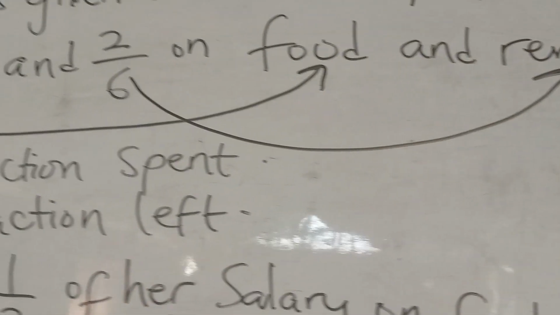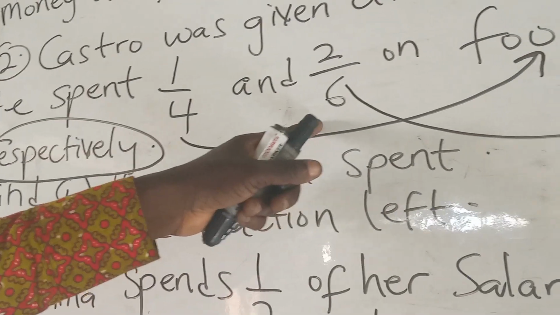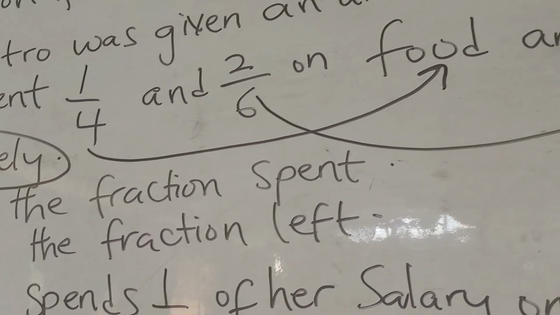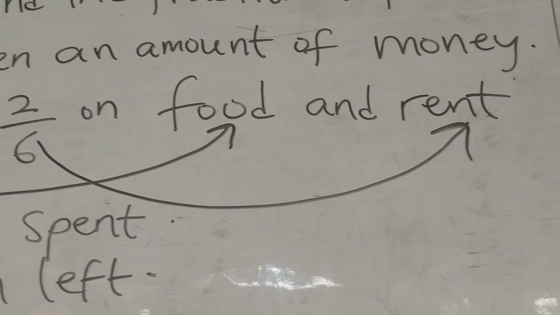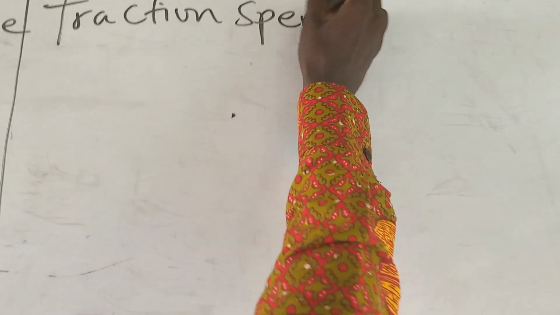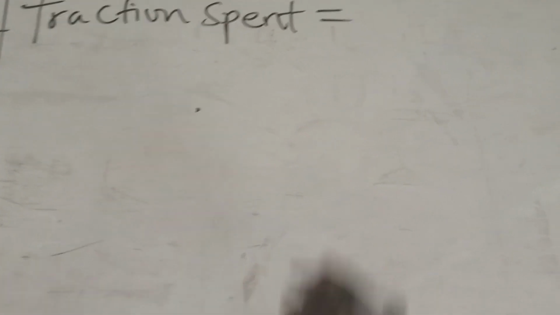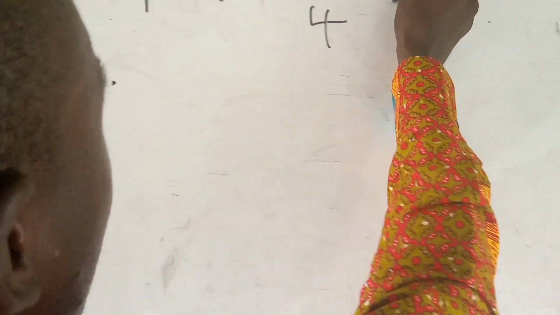So now, you see we are given two main fractions. For us to get our fraction spent, you add these two fractions. So fraction spent now becomes the fraction spent on food and rent. So it's 1/4 plus 2/6.